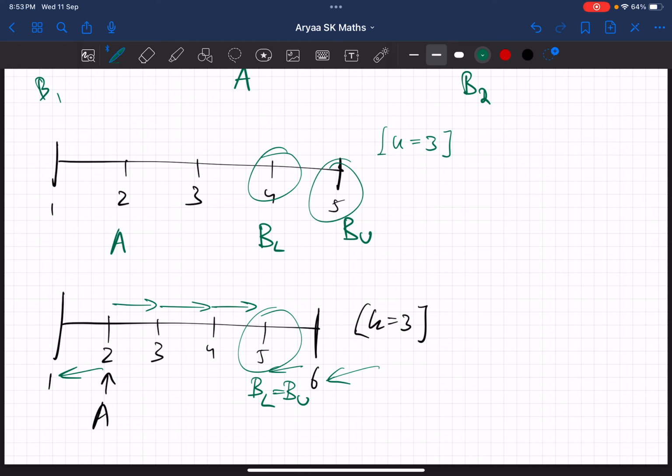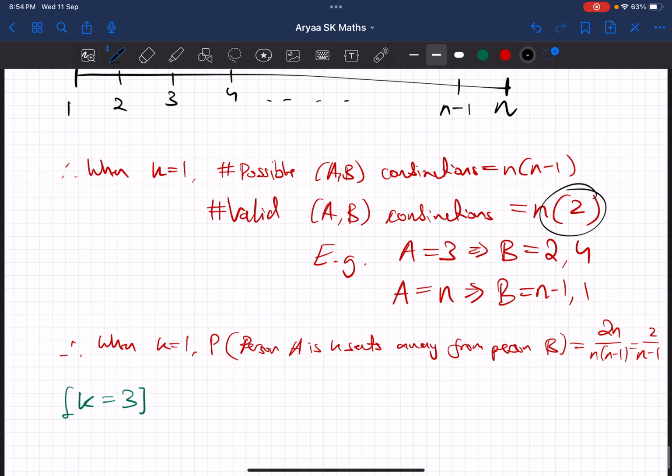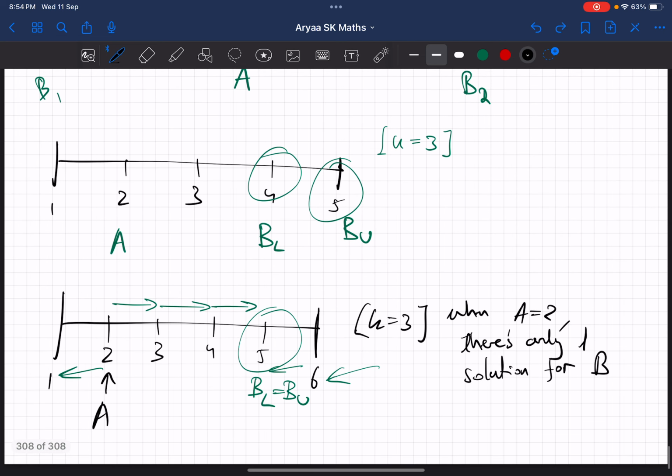So now what this tells us is when A equals 2, there's only one solution for B. So we're not going to get 2 extra cases like we did over here. And this might actually not be valid in certain cases, but we'll just ignore that for now.